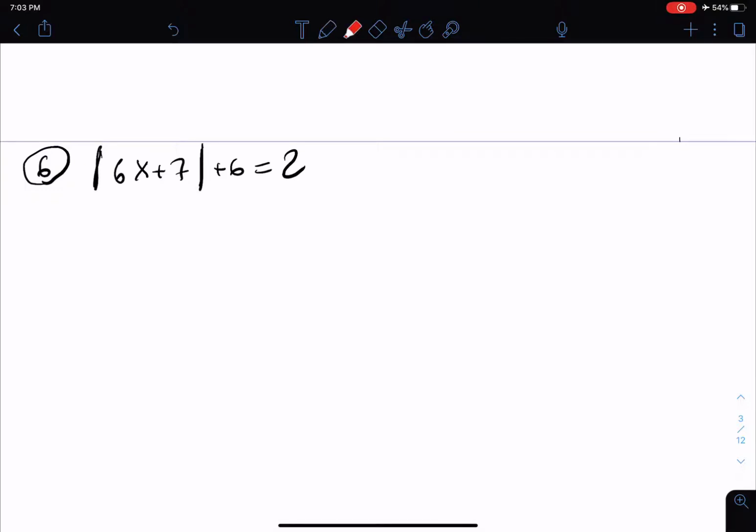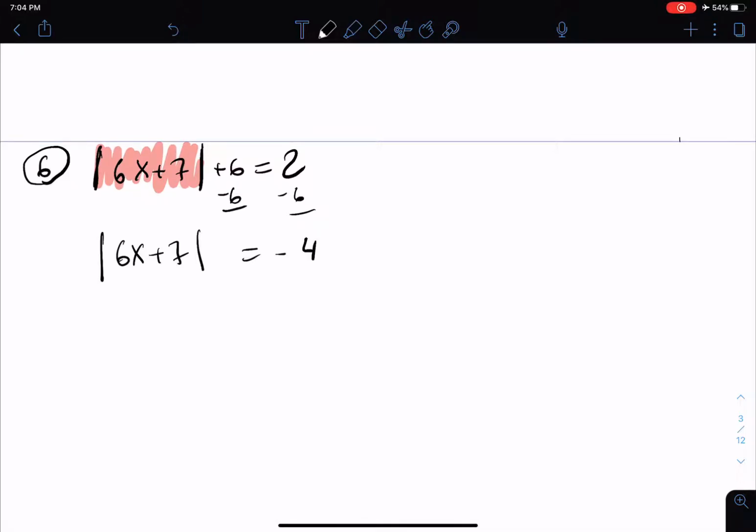So remember what I was saying: before I do any of the positive and negative cases, I want to get all of this stuff right here by itself. I can do that pretty easily by subtracting 6 on both sides. So I have the absolute value of 6x plus 7 equals -4. So I have isolated that.